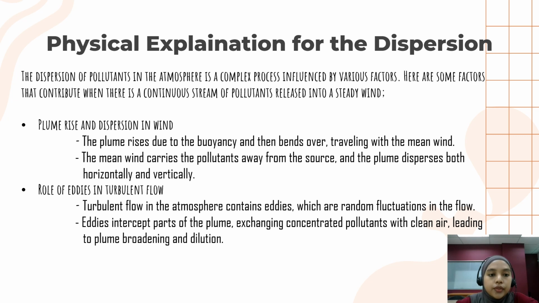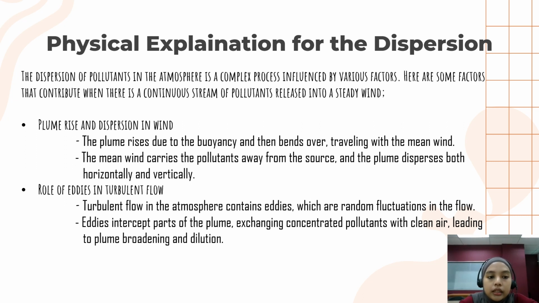Next is the physical explanation for the dispersion. The dispersion of pollutants in the atmosphere is a complex process influenced by various factors. Below are some of the factors that contribute when there is a continuous stream of pollutant release into a steady wind.